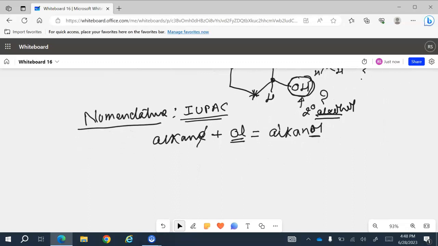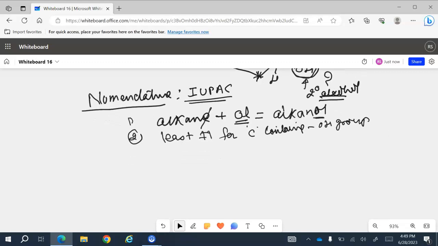The second point is that for the carbon containing the OH functional group, we try to give the least number when numbering the chain. These two points we need to consider very well.